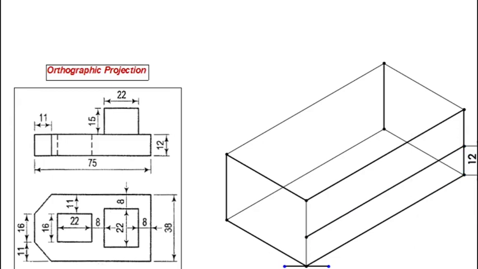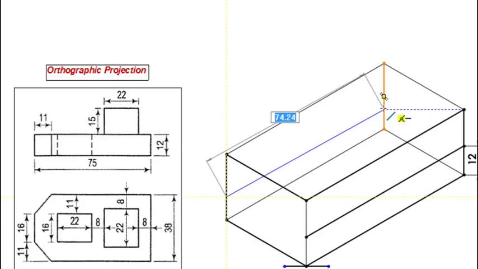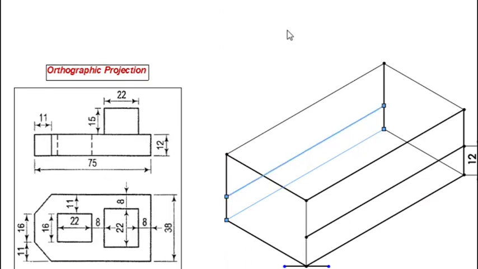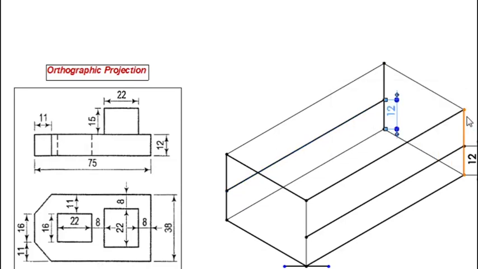Now in a similar way, on the back surface I am preparing a line, and these two lines should be equal and parallel to each other, and from this to this is 12 mm.